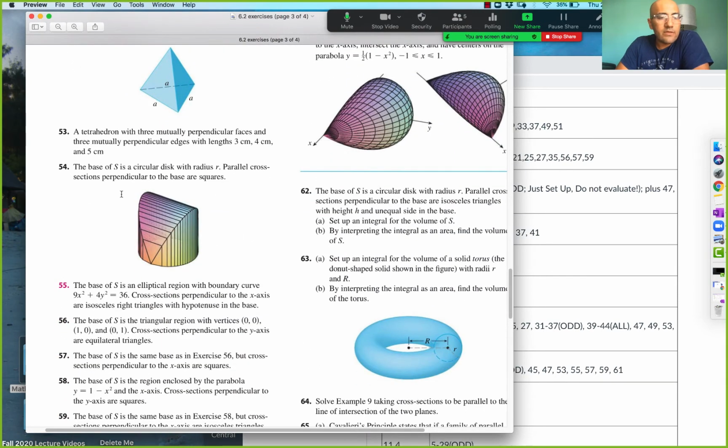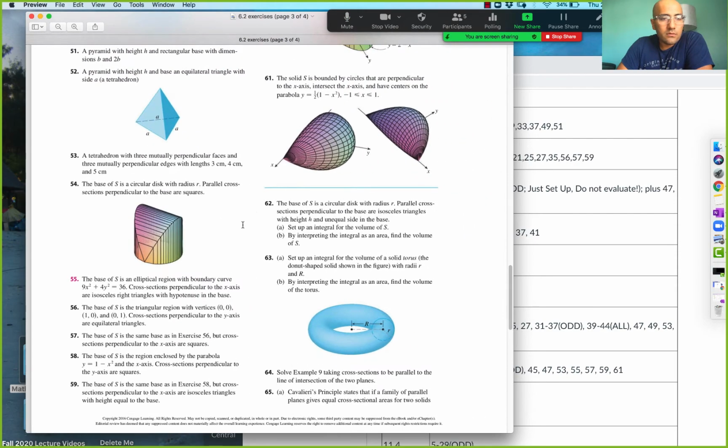Okay, so now these are a little bit different. The base of S is a circular disk of radius r. Parallel cross sections perpendicular to the base are squares. So this one's a little bit different than what we've been doing. We're going to think of it as a floor and sort of a roof, and we're going to put rectangles extending out to that roof line.